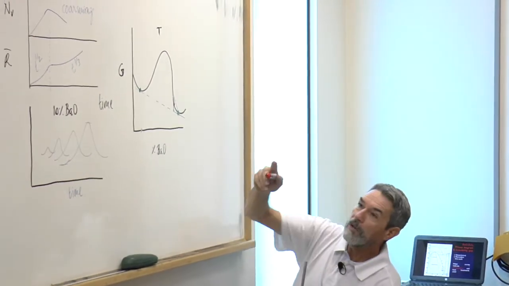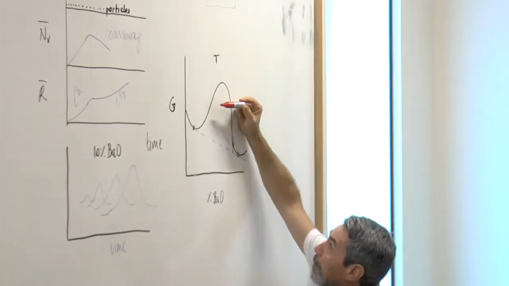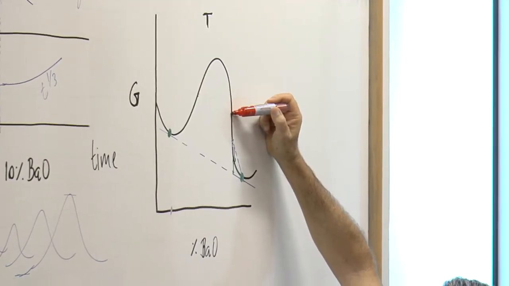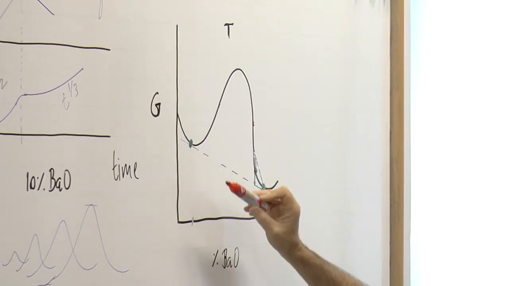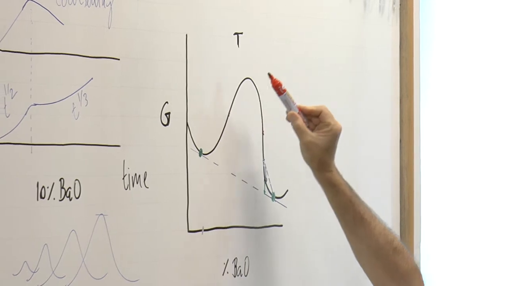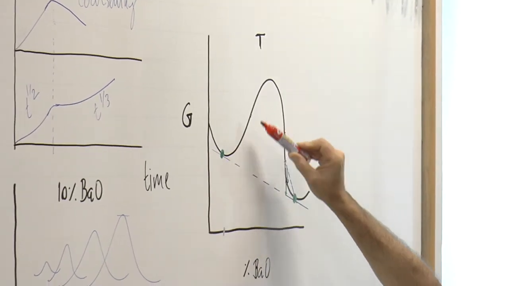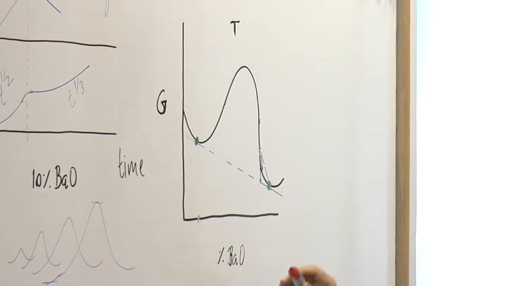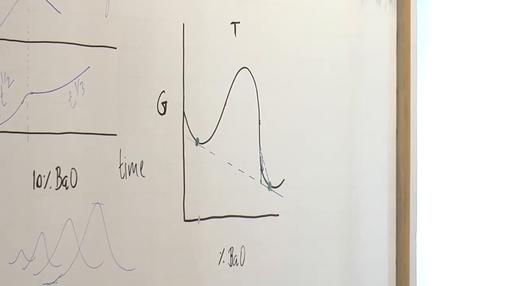The spinodal decomposition boundaries are determined by the inflection points. See, there is one type of derivative here and one type of derivative here. The inflection points dictate the region of spinodal decomposition.